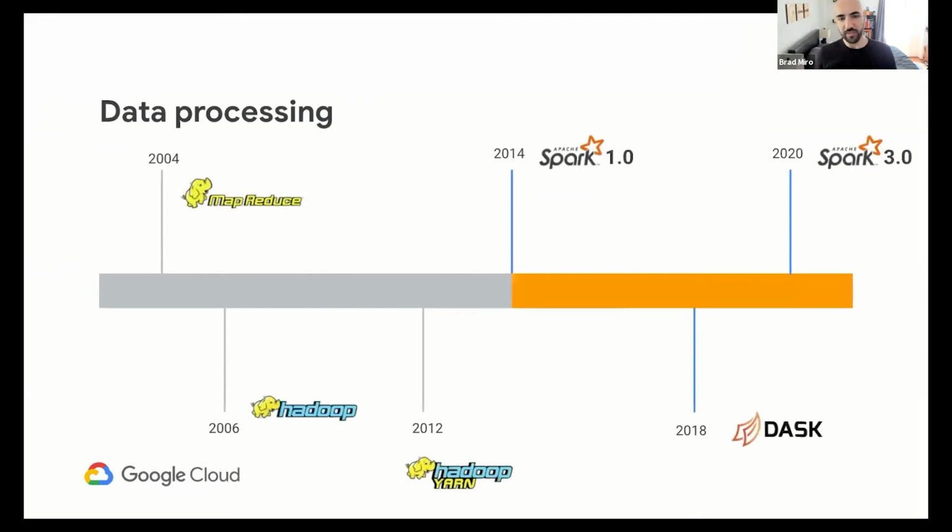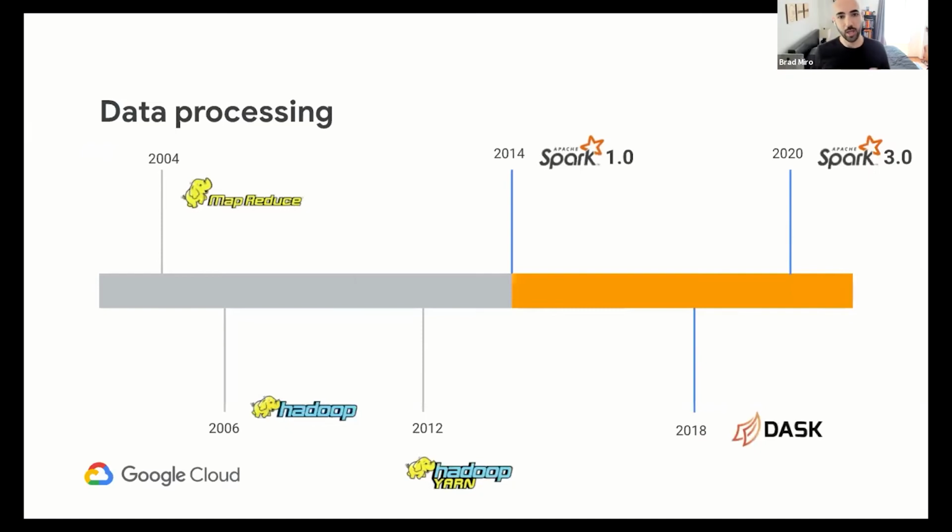So just to give you, I guess, a brief history of where Hadoop and Yarn came to be in terms of data processing. One of the, I would say, the beginning of the big data boom really happened in 2004 with the introduction of MapReduce, which allowed you to do distributed data processing across multiple machines with the MapReduce paradigm.